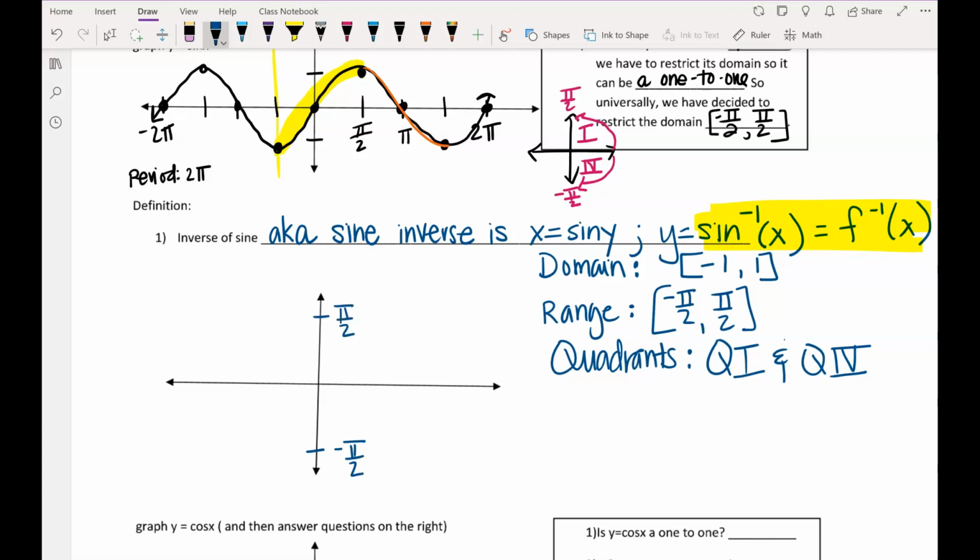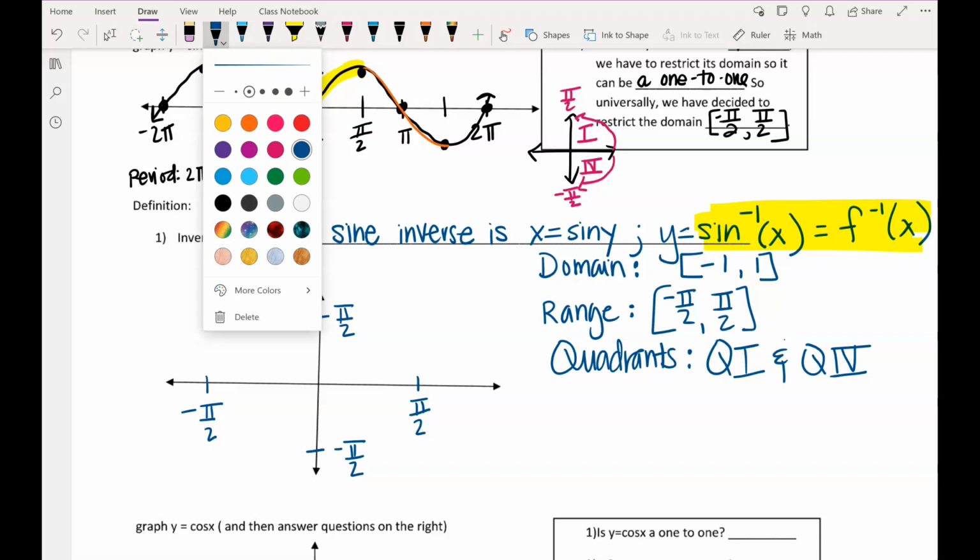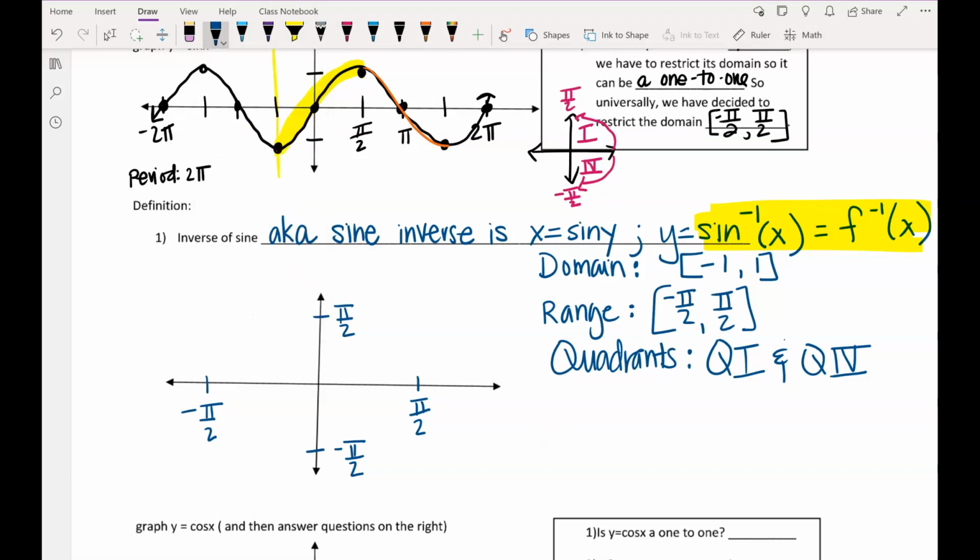Pi, it's about what? 3.14-ish, if you really have to think about it. Would you agree that π/2 is about 1.5? So if we had to make a 1 tick mark, it doesn't have to be exact.